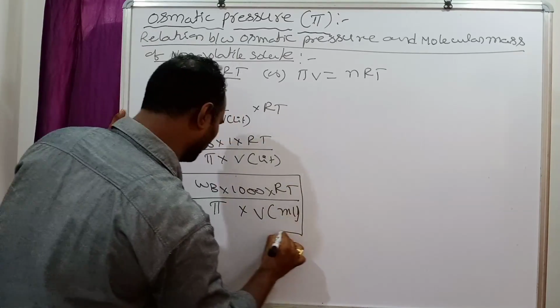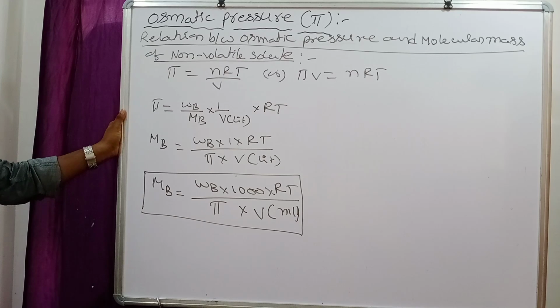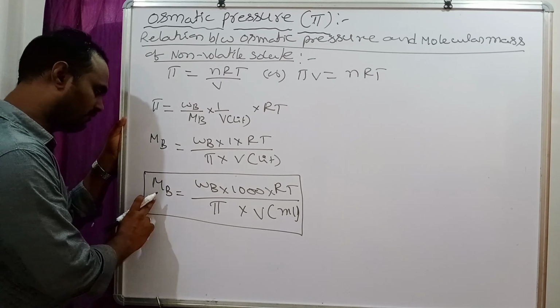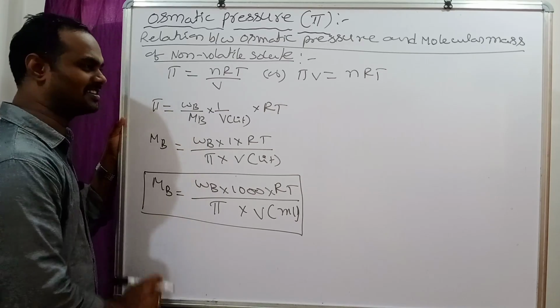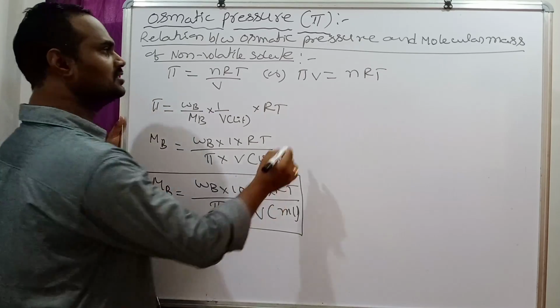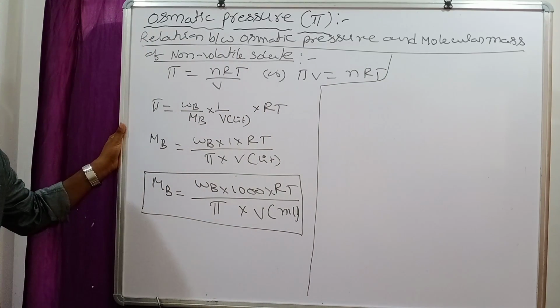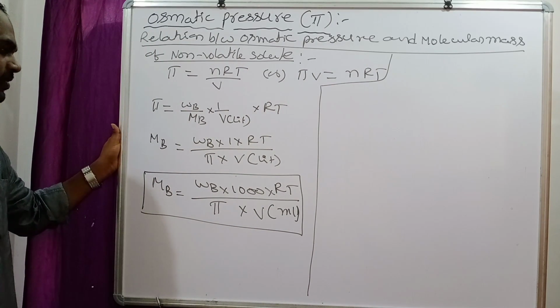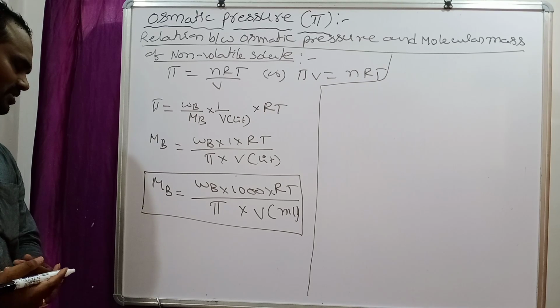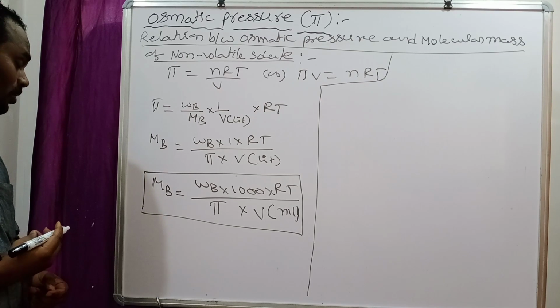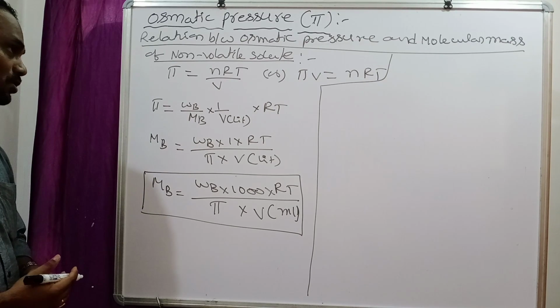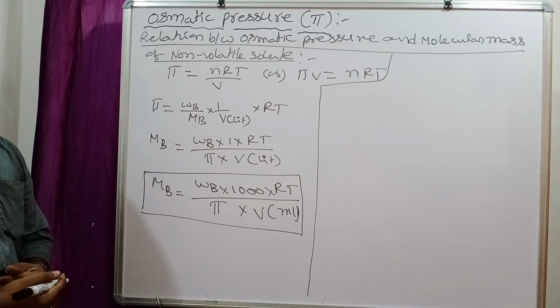This is the formula we are using to calculate the molecular mass of solute present in the solution. This is the best method to calculate molecular mass of the solute. Is it clear? To calculate the molar mass of an unknown non-volatile solute molecule, this method we are using.